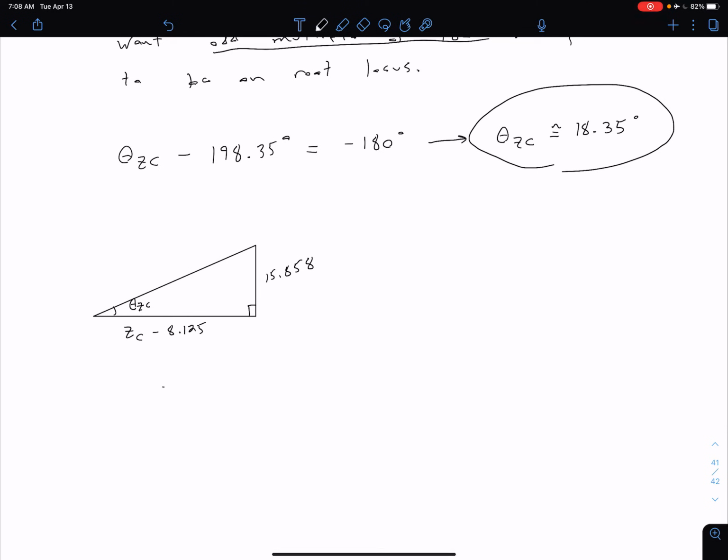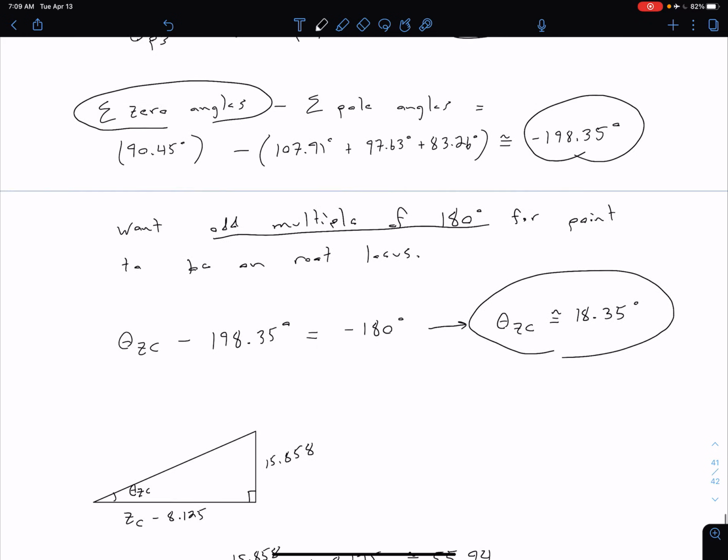So we can say that our ZC is equal to 15.858 divided by the tangent of theta sub ZC, which we found above to be 18.35 degrees, plus our 8.125. If we plug this in, this gives us approximately 55.94.